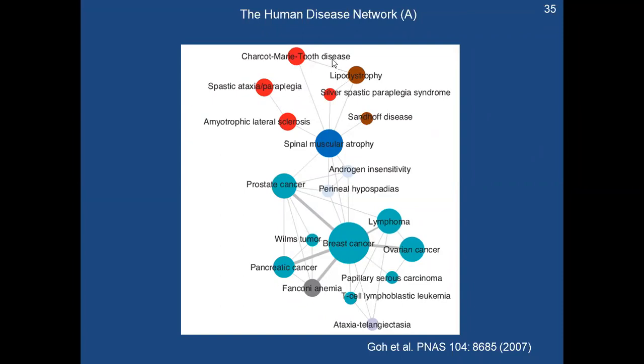For me, what is interesting in here is that androgen insensitivity and developmental problems, testicular developmental problems, might obviously share genes with prostate cancer and maybe even breast cancer. But why should they be related? Why should there be genes that relate androgen insensitivity to spinal muscular atrophy? This is the Lou Gehrig disease, which that famous physicist had.